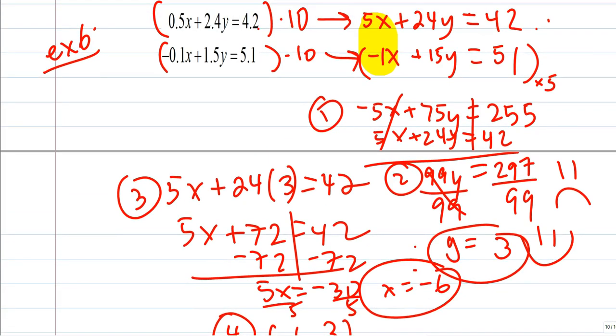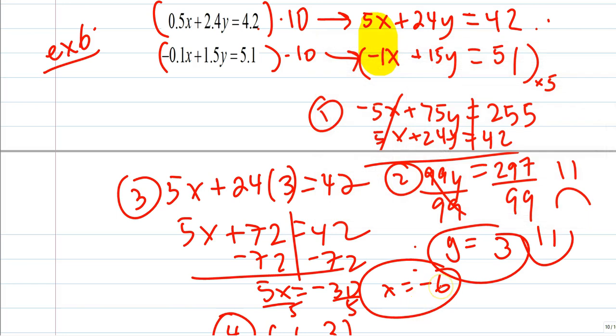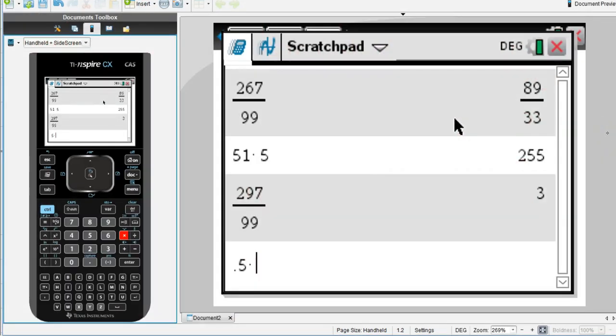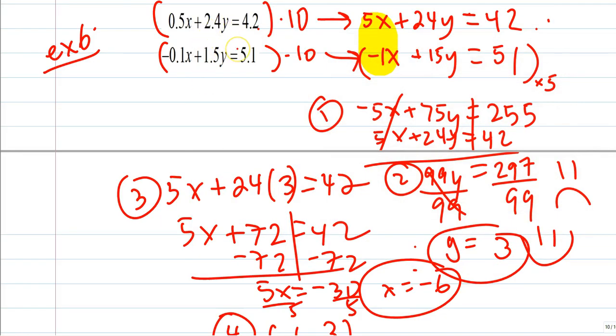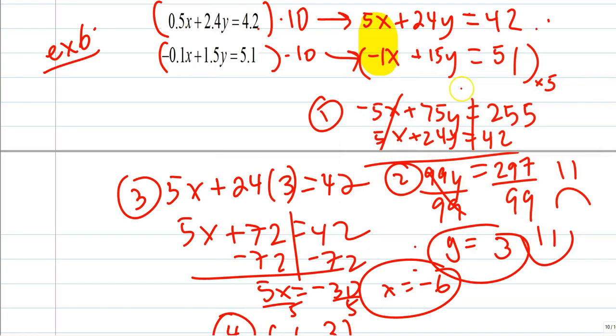I'm going to plug it into the original equations. 0.5 times x, which was -6, plus 2.4 times y, 2.4 times 3, and I believe this was supposed to equal what? Is it 4.2? 4.2?